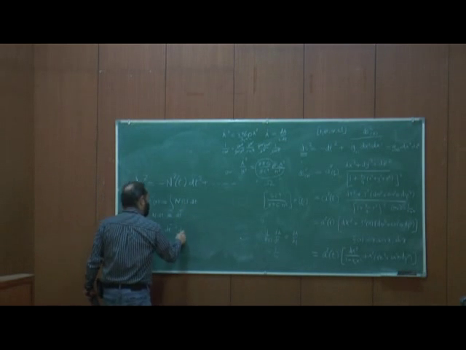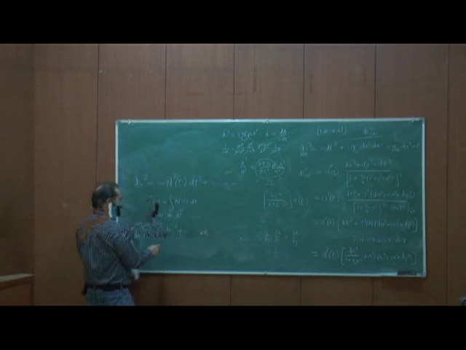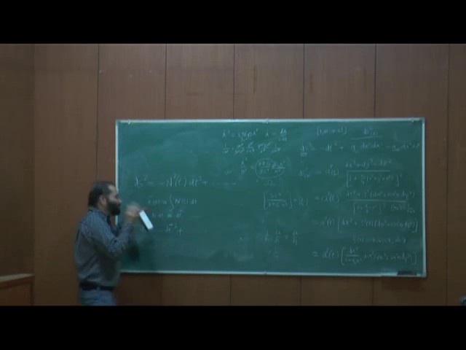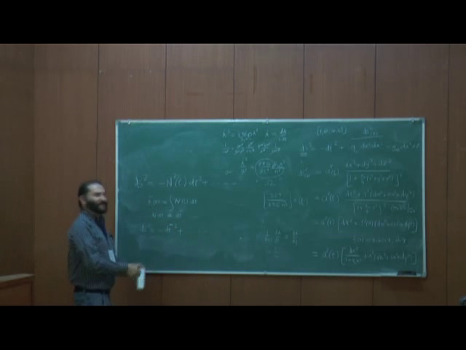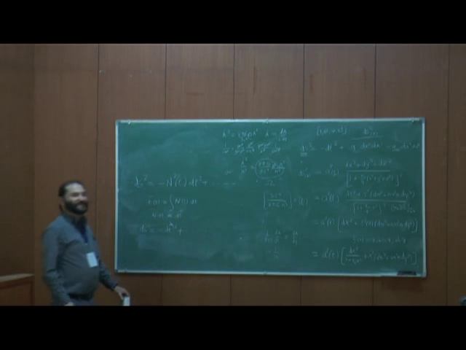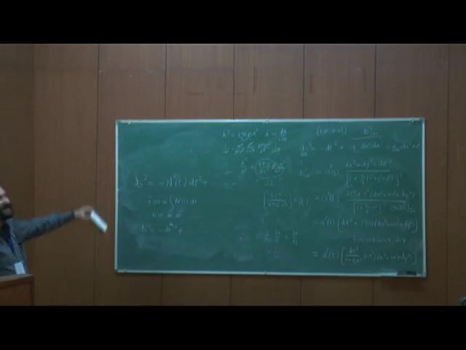bar squared plus whatever, and then we don't want to be writing bar all the time, so we remove it. This is a trivial rescaling. Now, this is interesting because here you have a metric, a family of spacetimes, which is very similar to Bianchi.